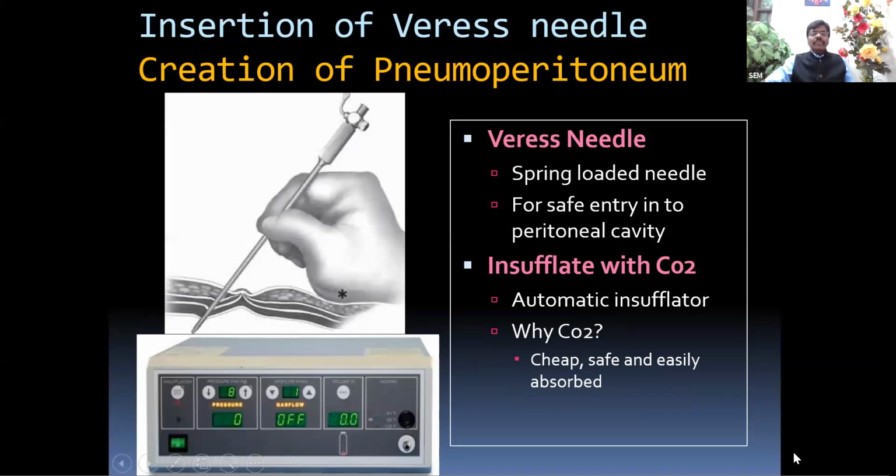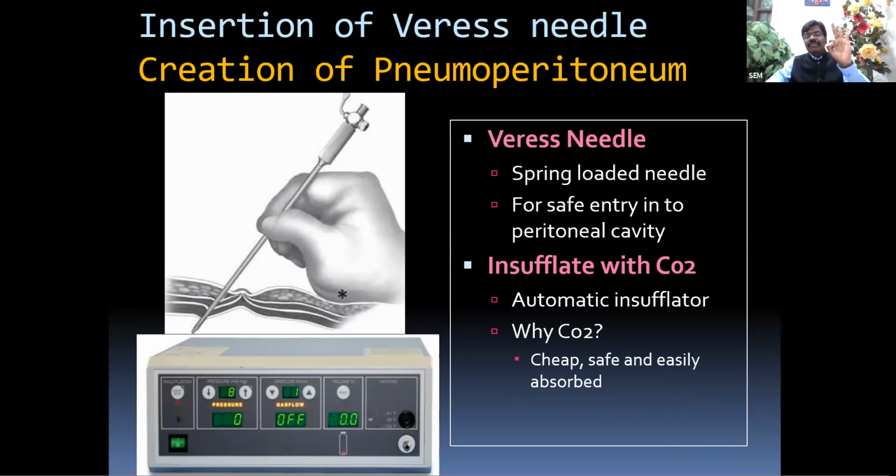Okay. And what is the first foremost step in laparoscopy? At the level of the umbilicus, we pass a spring-loaded needle called Veress needle in order to safely enter the peritoneal cavity, because this spring-loaded needle ensures that you enter without causing any damage to the bowel, bladder, or blood vessel.